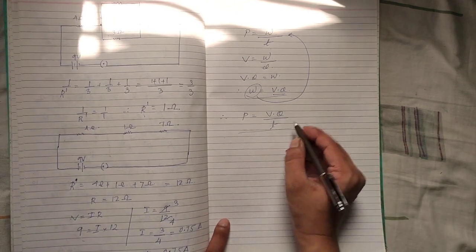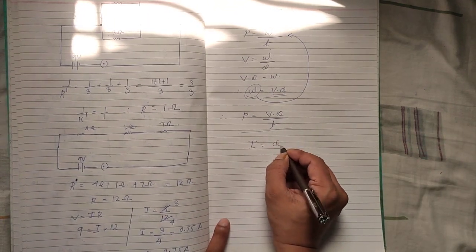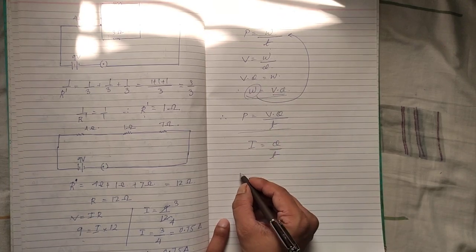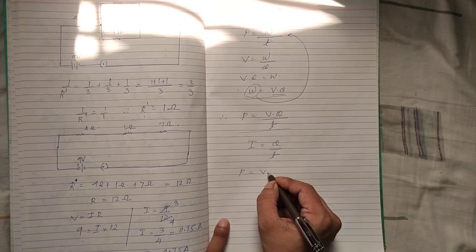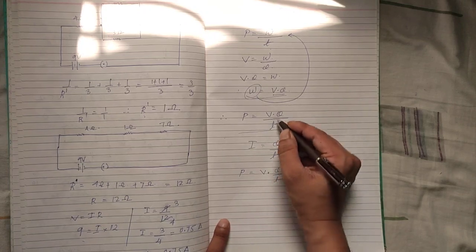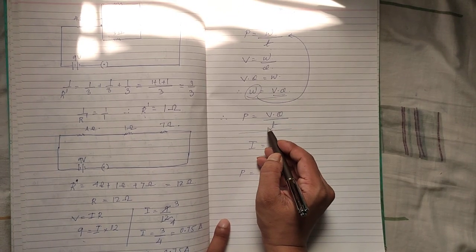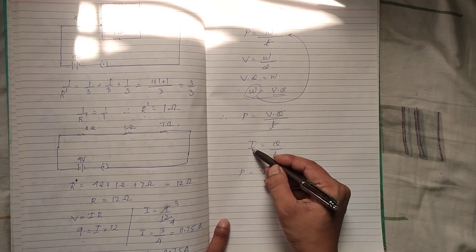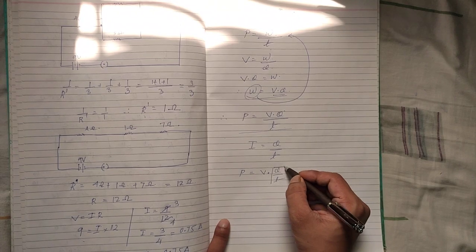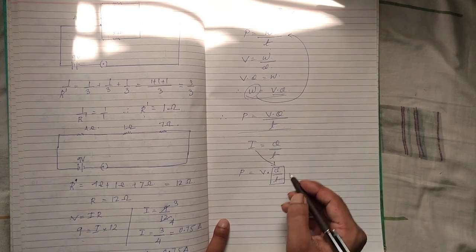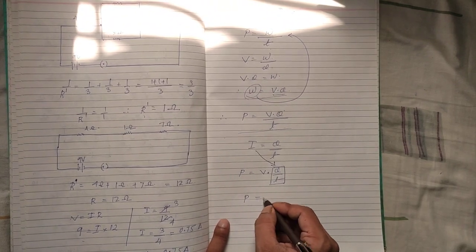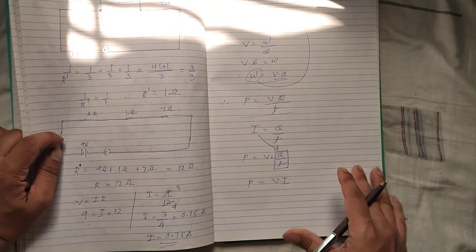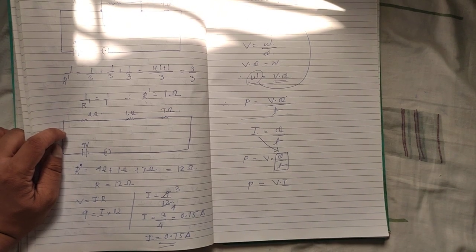So current I is equal to Q upon T, and we already have over here Q upon T. So we are doing power P is equal to V into Q upon T. Because they all are in multiplication, I can separate this Q upon T, and Q upon T is electric current. So I replace this Q upon T with electric current I. So the power P is equal to V into I. So the electric power P is equal to VI.